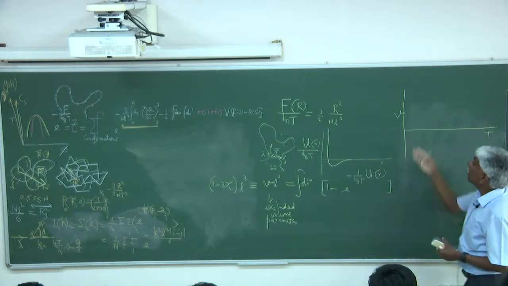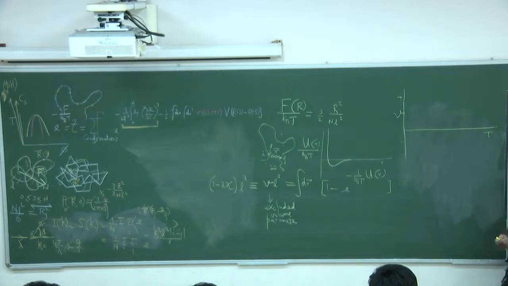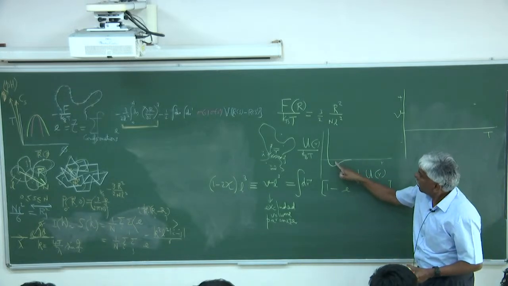When U is negative, the second term is going to win. Therefore, the whole integral will have a negative sign. So at low temperature, it's going to be somewhere here. In general, given this potential, there's no escape from V looking something like that.